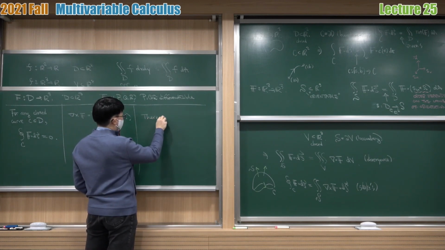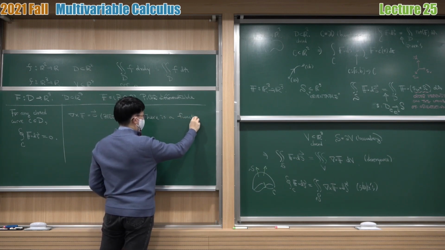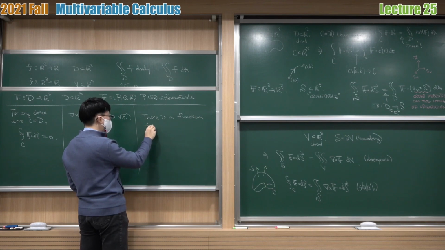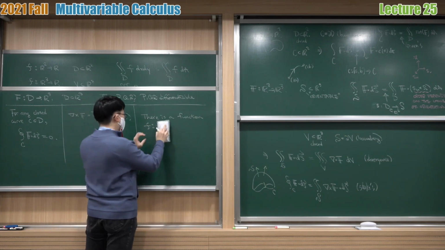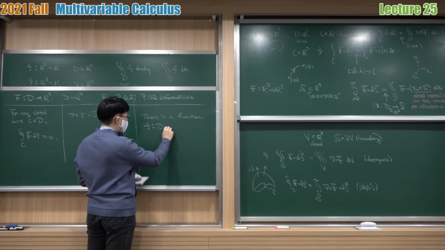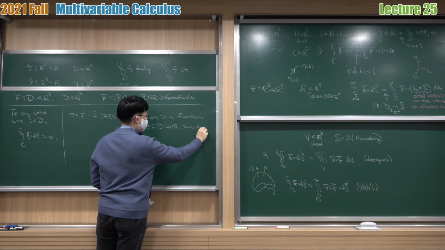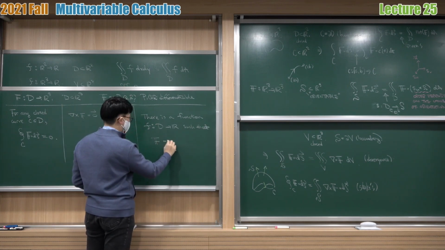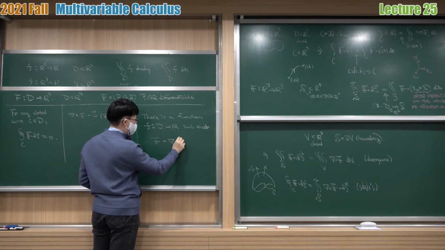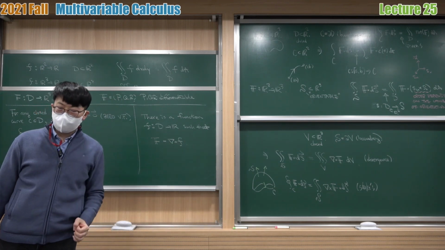There are some vector fields that satisfy or do not satisfy these conditions. And the last one is that there is a function, small f, which maps a point in D to R, such that the given vector field is given by the gradient of the scalar function f.